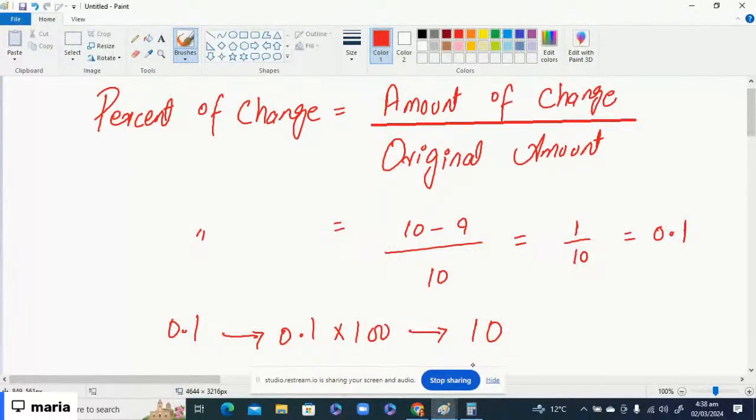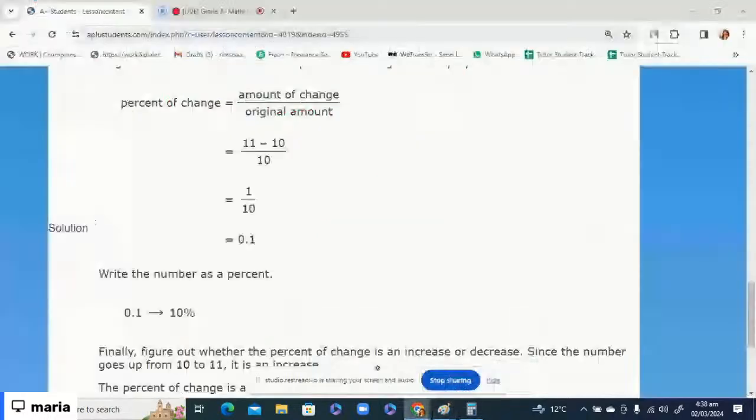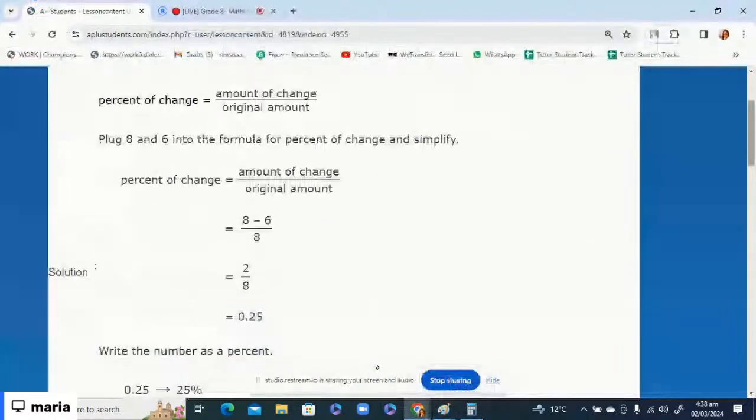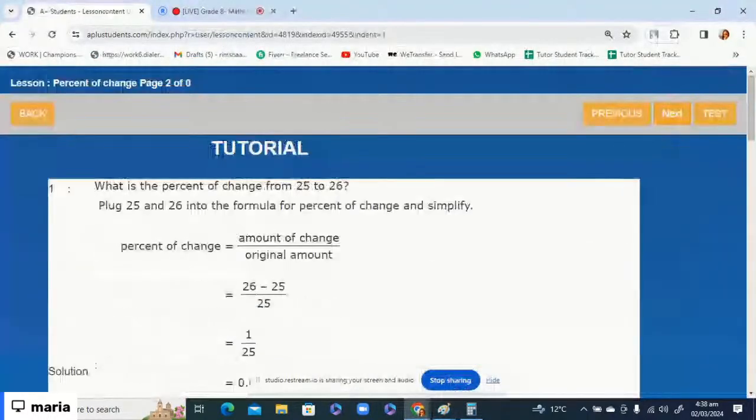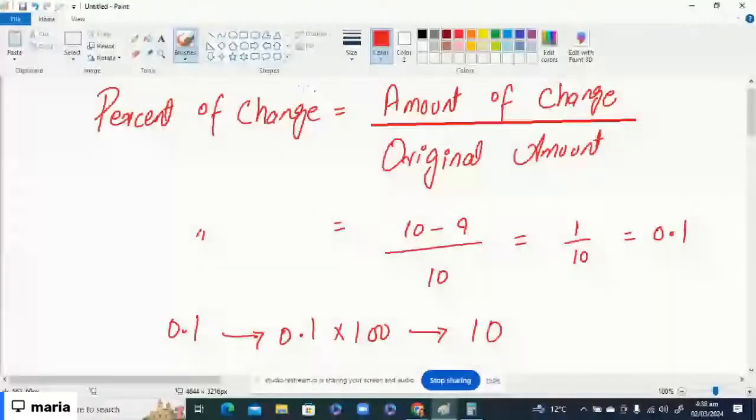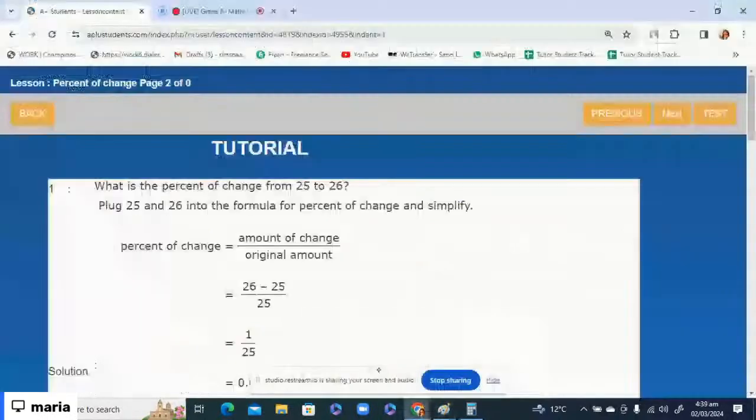Let's do the next question. What is the percent of change from 25 to 26? Just putting the formula here. 25 to 26.